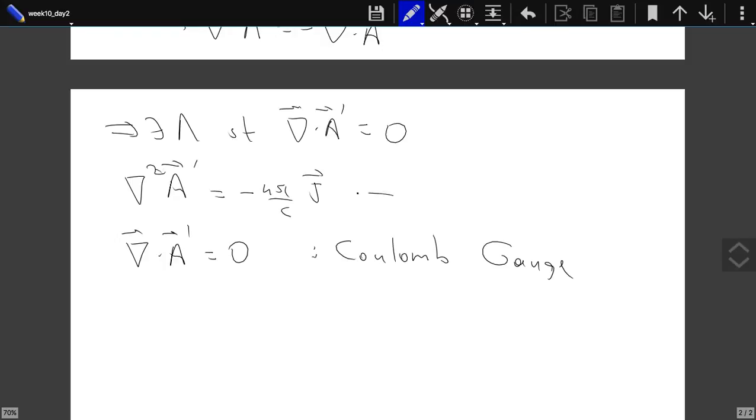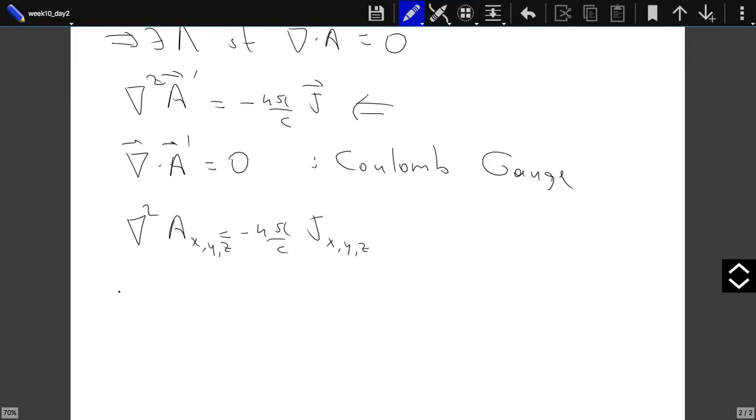Well, we already know how to solve such an equation. You see the x component of A satisfies minus 4 pi over C jx, similar to for y and the z components. Well, this is just like the electric potential. And we already know how to solve the electric potential. The right-hand side just looks like the charge density.